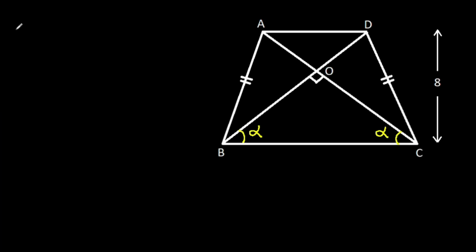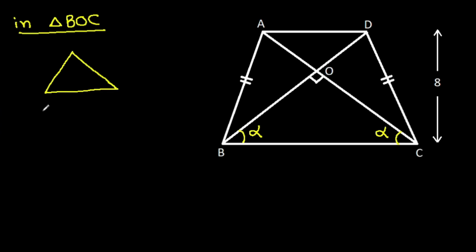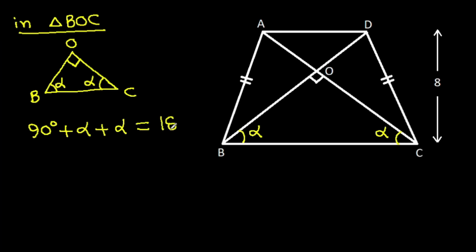Now in triangle BOC, this angle BOC is 90 degrees, this angle is alpha, this angle is alpha, so 90 degrees plus 2 alpha will be 180 degrees.